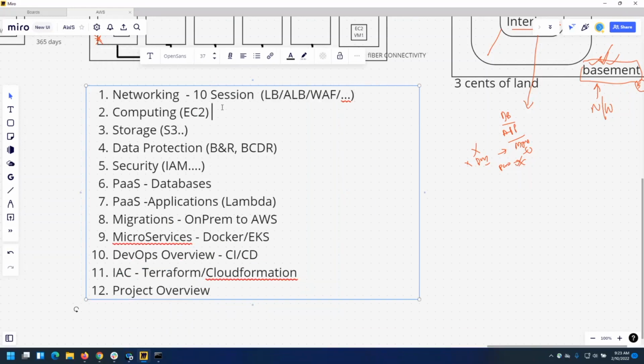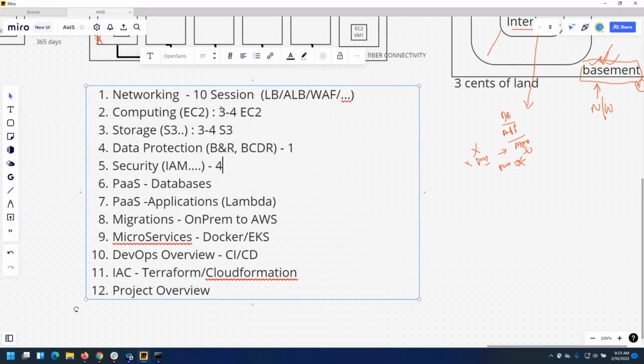And then I'll not spend much time, maybe 3 to 4 sessions I'll spend on EC2. And again, 3 to 4 sessions I'll spend on storage, right? And then your data protection and business recovery, maybe one long session.